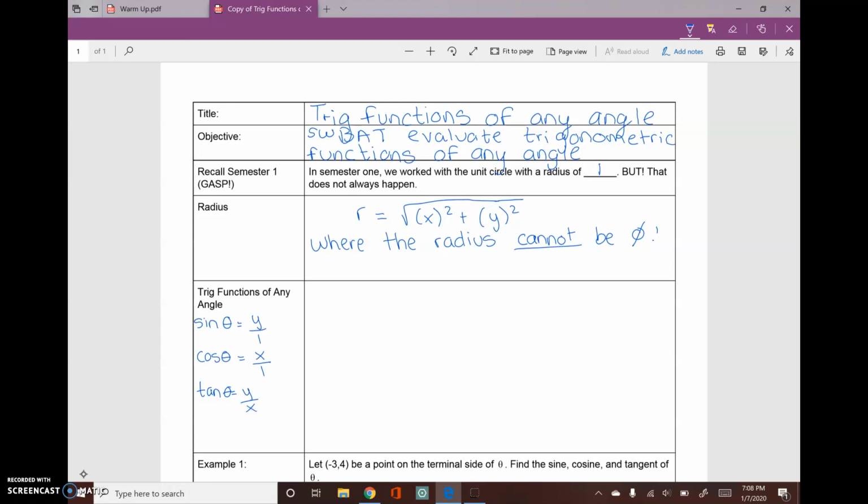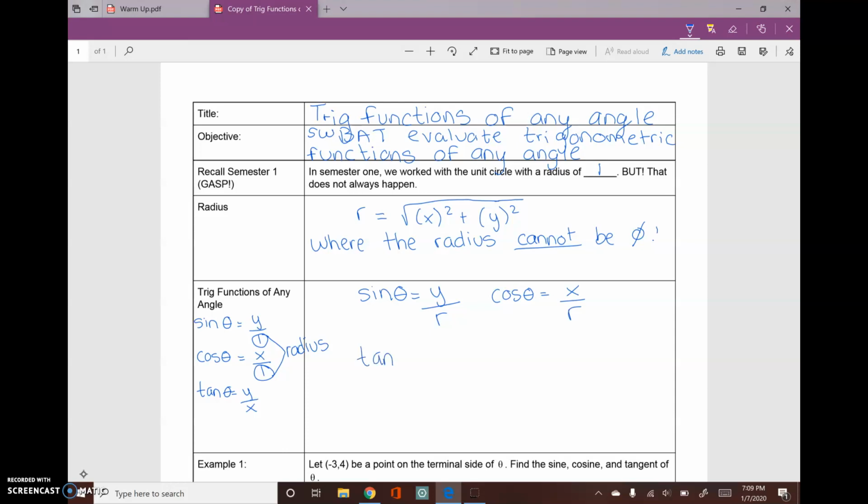But remember, we used 1 because the radius was what? Yes, because the radius was 1. But now we don't know the radius. So instead, this is going to be our new formulas. Sine theta is y over r. Cosine theta is x over r.